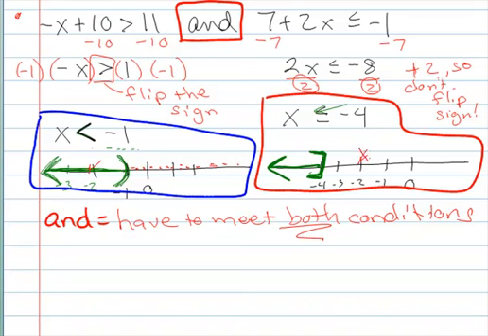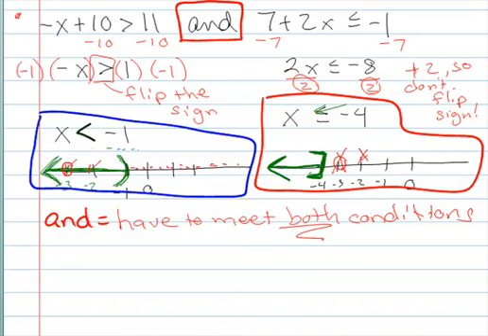No. Negative 2 isn't included over here, and even though it's included here, it doesn't matter because it has to meet both our conditions. Similarly, if we take a look at negative 3, it works here, but over here, no, because in this condition, negative 3 does not meet that requirement.